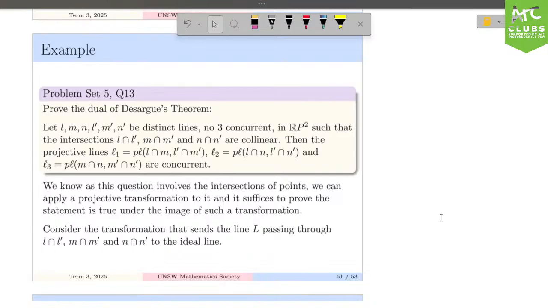There. And L prime and N prime. There. And then L3 is M and N, and M prime and N prime.